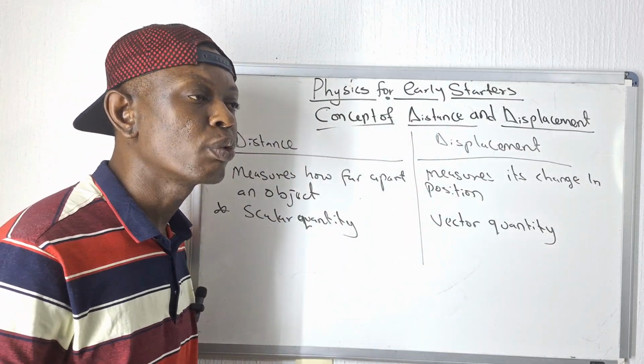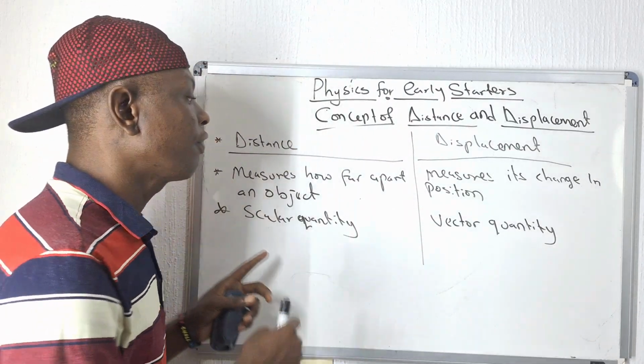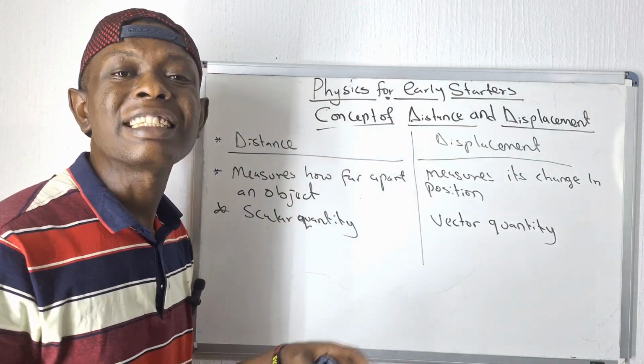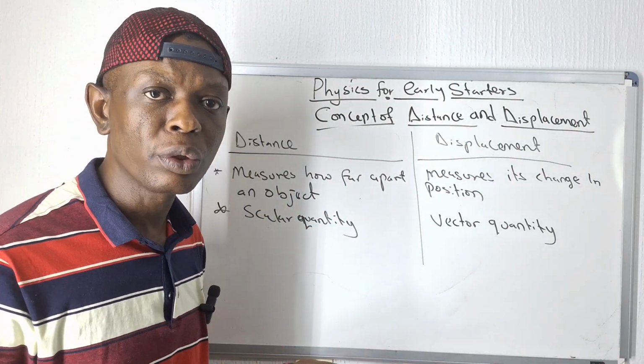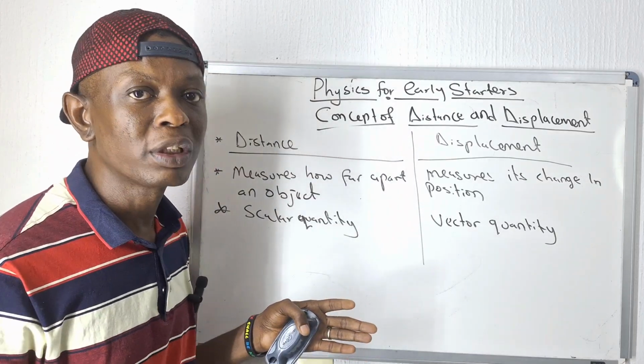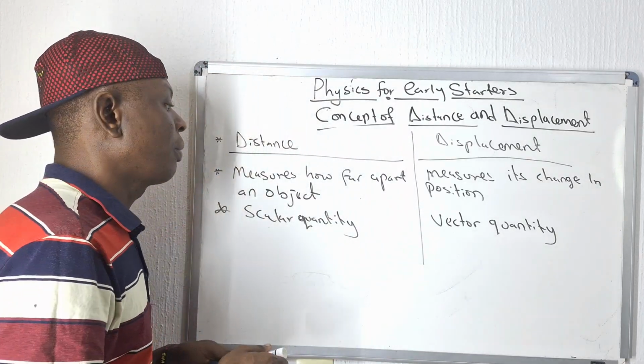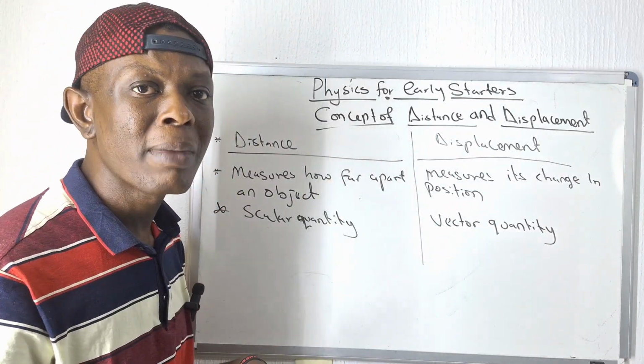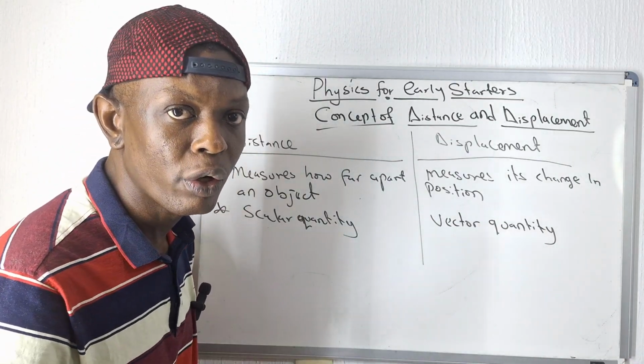When we say magnitude, we mean size. How far did the object travel? 30 kilometers. That's the size. But toward which direction? Distance does not give you much about the direction. Displacement is a vector quantity. It tells you the magnitude and also the direction of your movement.